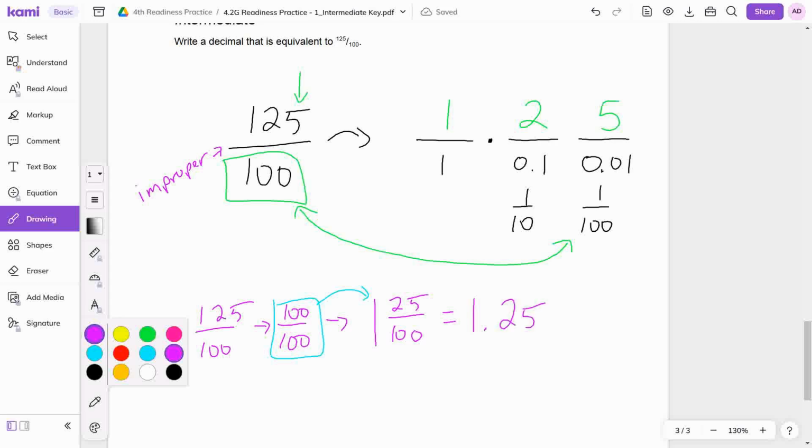So these two are equal. And so it is okay for us to write a whole number because we have an improper fraction, and that means our fraction is going to be greater than 1. Our decimal is going to have at least a 1, possibly more, in the ones place. So this is our answer to our third problem.